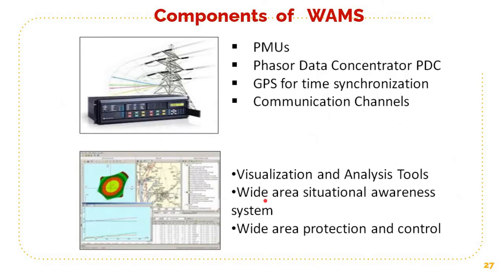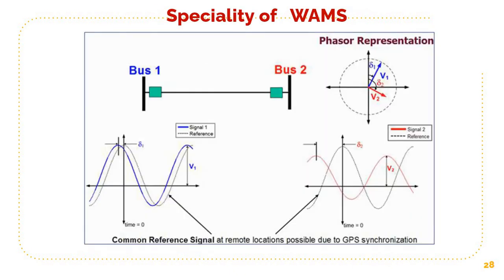So these are the various components: PMUs, phasor data concentrator, or abbreviated PDC, GPS for time synchronization, the communication channels. Then in the central control station there will be visualization and analysis tools, wide area situational awareness system, and wide area protection and control systems.